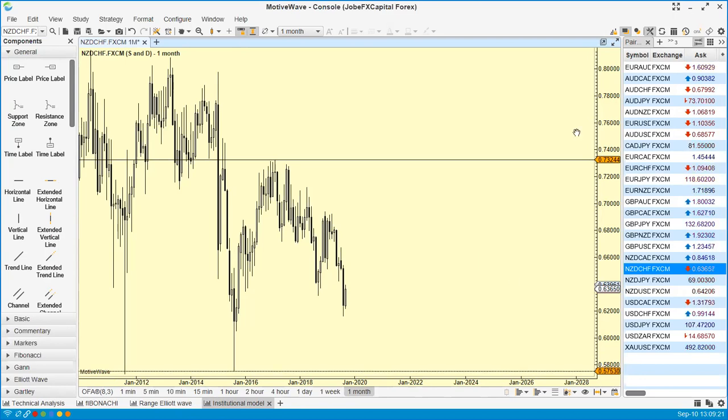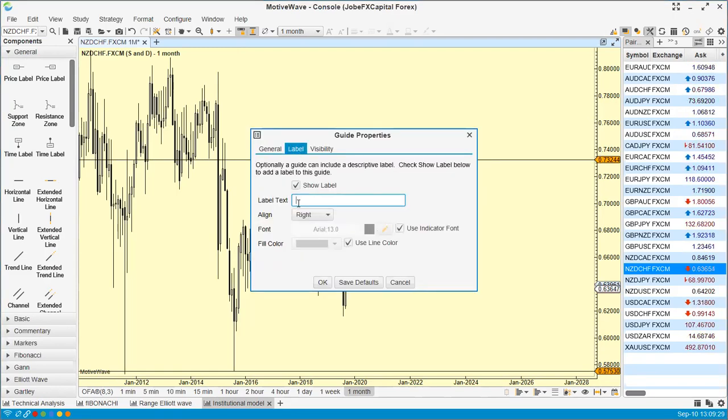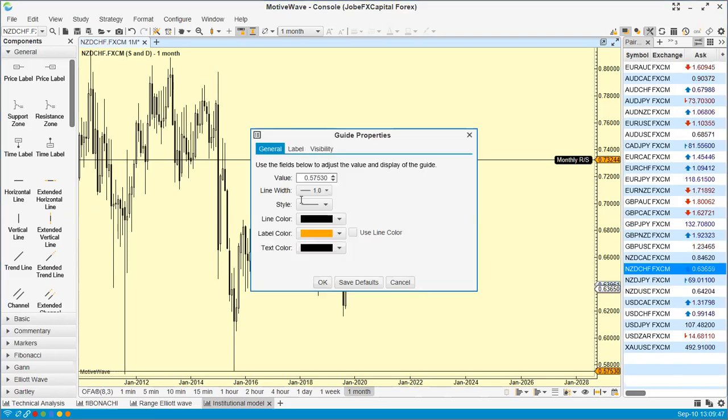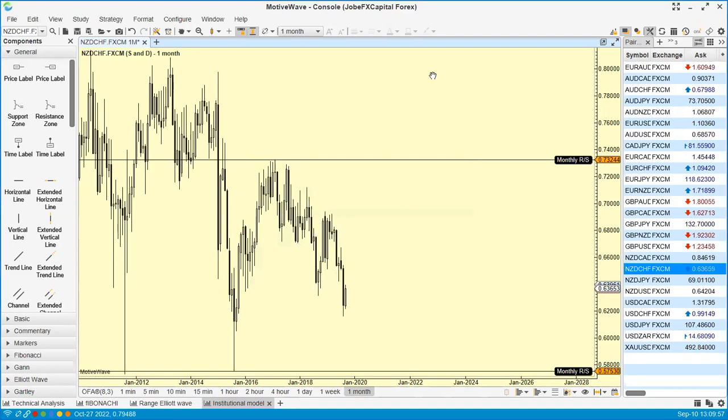Once I've done that, I'll label this monthly RS, meaning monthly either resistance or support. I'll explain why later. Then this one as well, I'll label it. Okay.